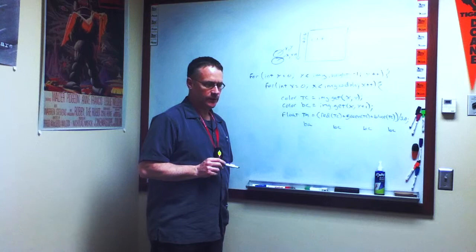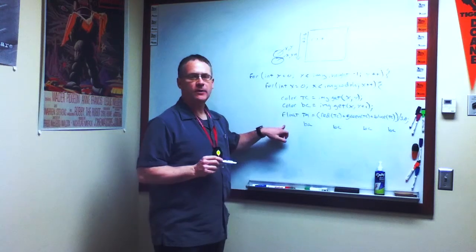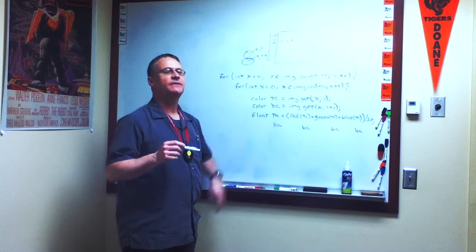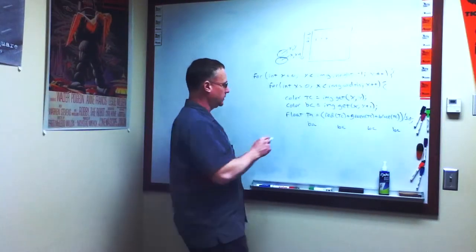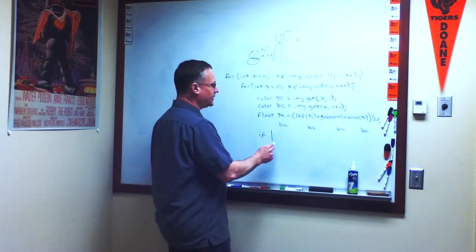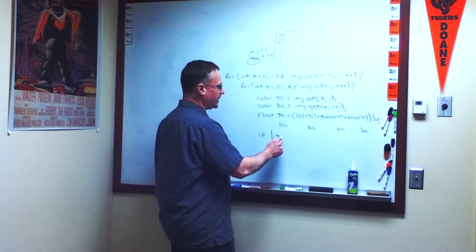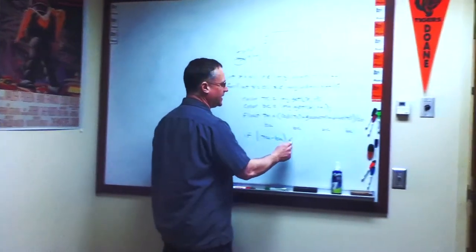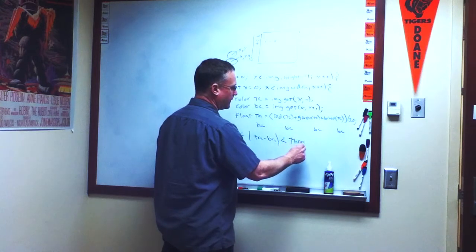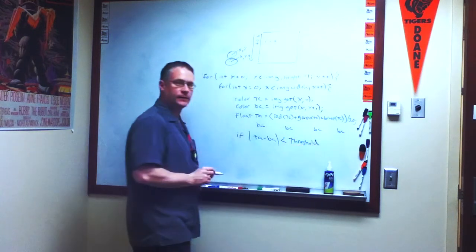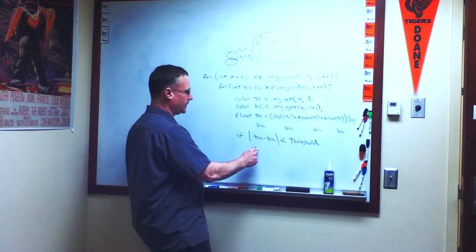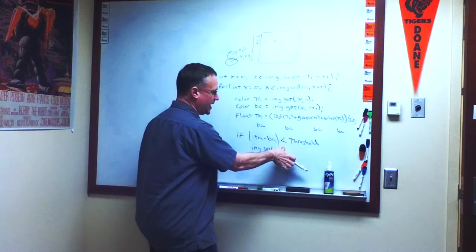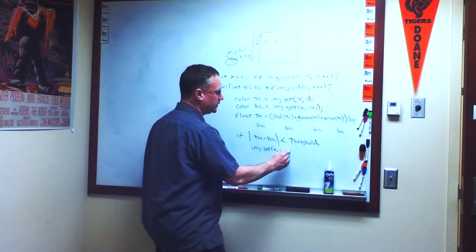And then what I'm going to do is compare those two by taking a difference of the averages and see if that's less than some threshold. So if the absolute value of my top average minus the bottom average is less than a threshold value, then I'm going to set the color in my image at position x, y to be white.